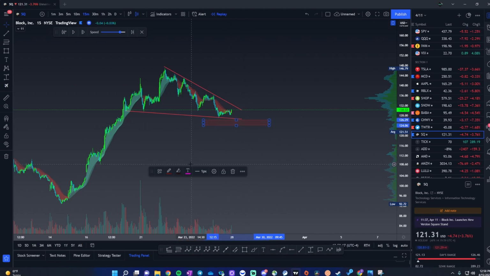So stop loss below. Entry point, I always have right at the high of the previous pivot point. So here's my entry point. I'll highlight this in green. This is the safe entry point. I always like to do it at the break of this diagonal trend line.